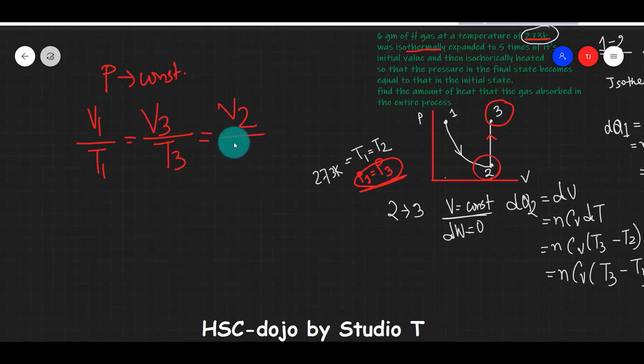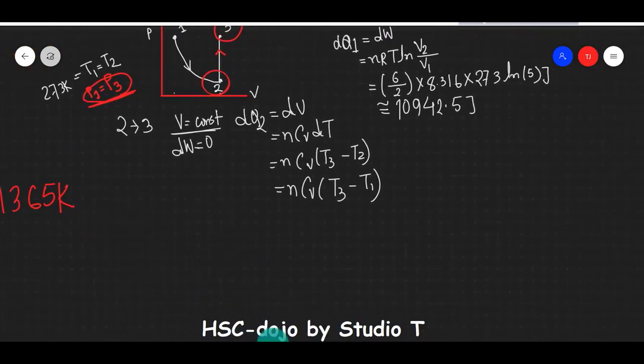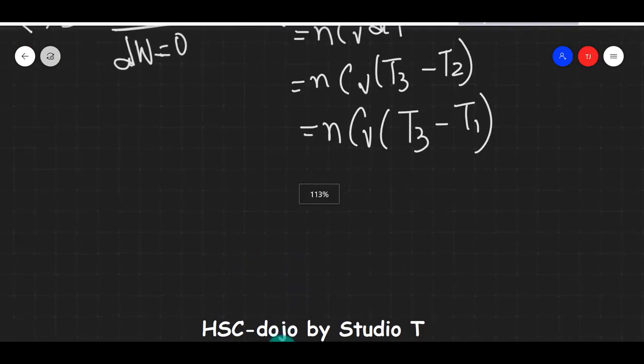So we can write V2 by T3, or we also know V2 is 5 times V1, so these two will go out, and T1 is already given 273 Kelvin. So using this we can find the temperature at state 3 will be 1365 Kelvin.